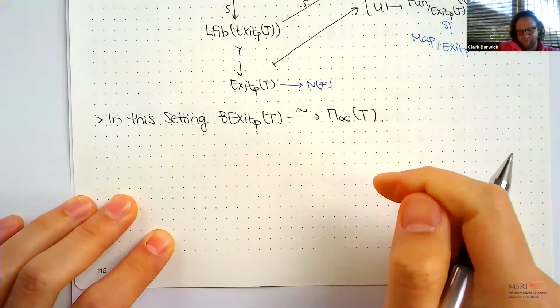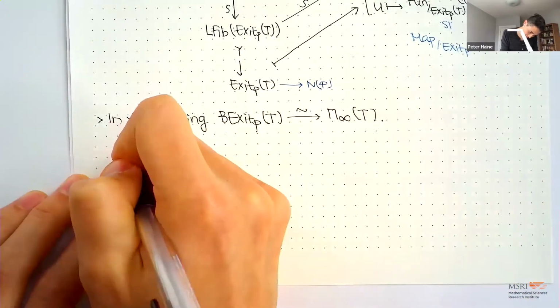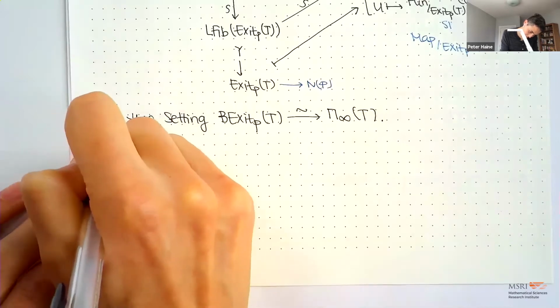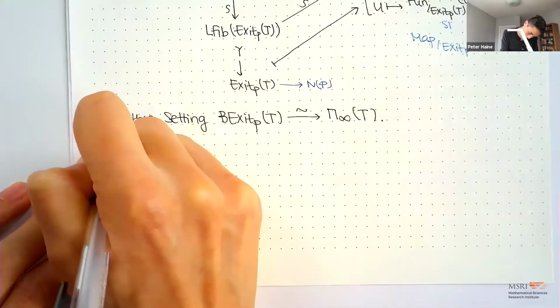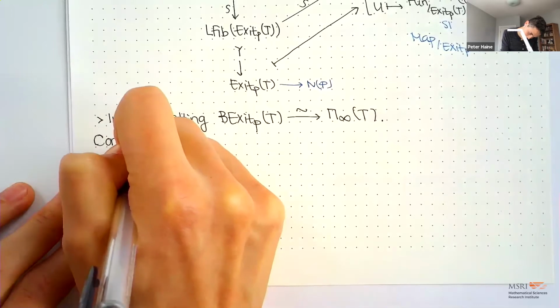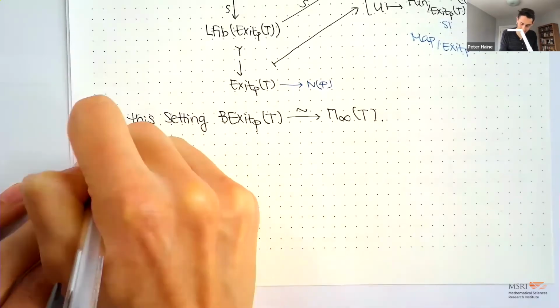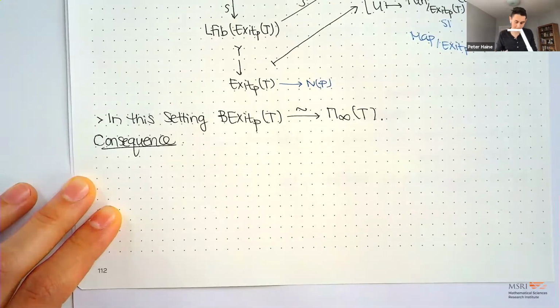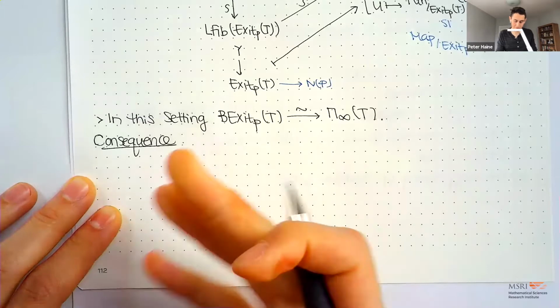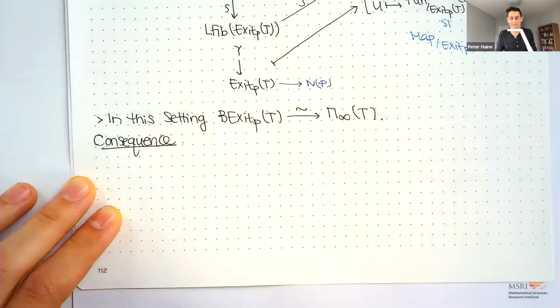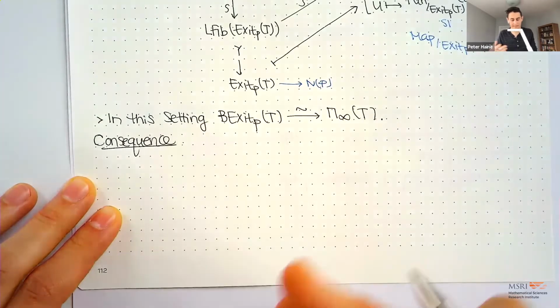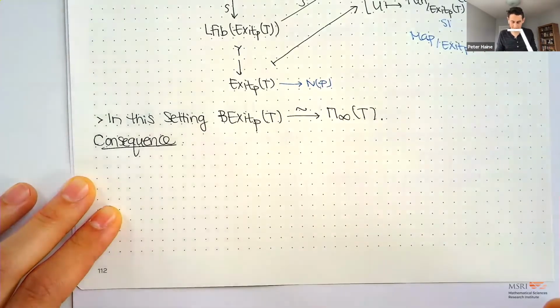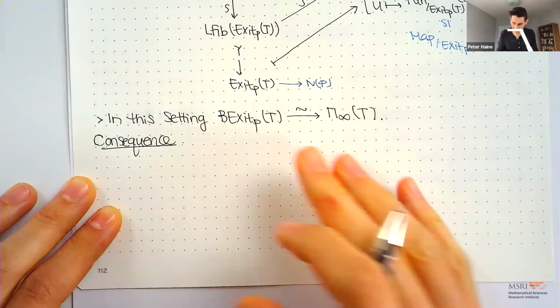So here's one consequence of this that I wanted to mention, that I think is quite compelling. If you don't know what intersection homology is, it's not really important. But the important thing is it's an invariant of certain types of stratified spaces, essentially singular manifolds with stratifications that were considered by Goresky-MacPherson.